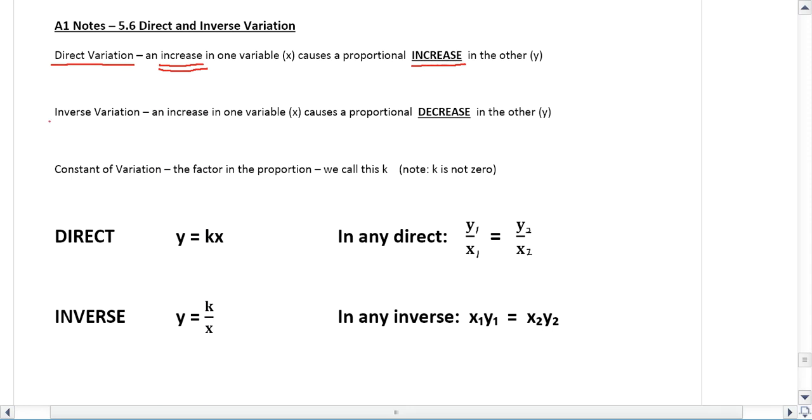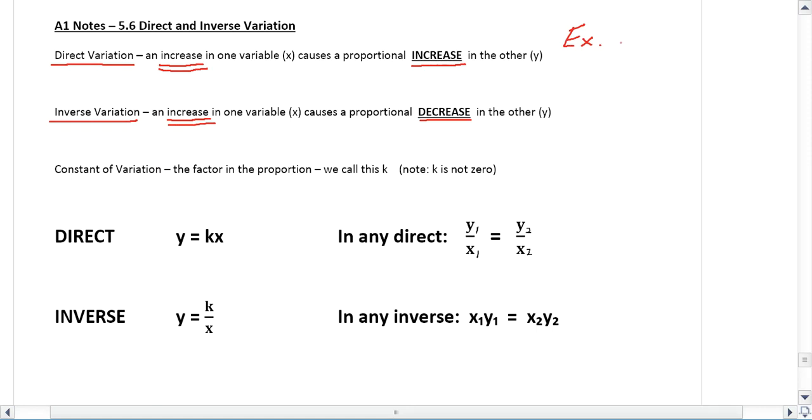Inverse variation is different. It's when one of them is increasing and the other one decreases. So let's talk about this in real life, a real life example. Let's see, for direct variation, there's so many.